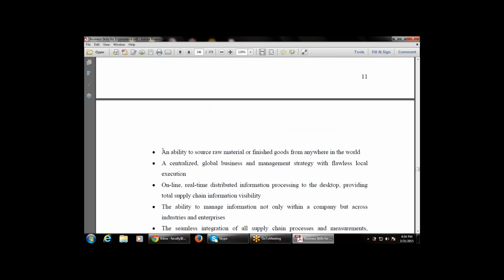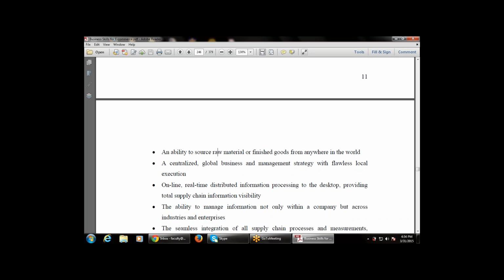This is most important: an ability to source raw material or finished goods from anywhere in the world. That is, supply chain management has the capability to take raw material from any source, to get raw material or finished goods from anywhere in the world, no matter which country it is available in.